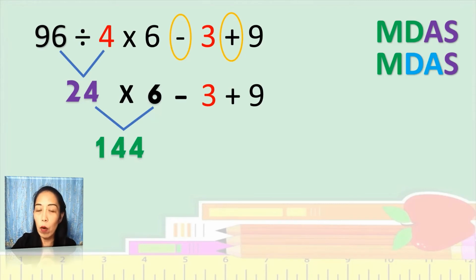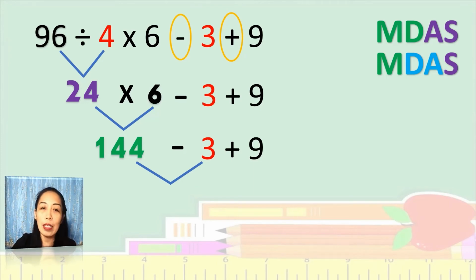Atong kopyahon para dili malibog ang bata, atong i-copy siya down. So, ang minus 3 plus 9, atong i-kopya down. Okay, mawa niya na siyang pananaw. Naubos na sad, atong ikopya hangtod jud nga matungod siya sa atong 144.